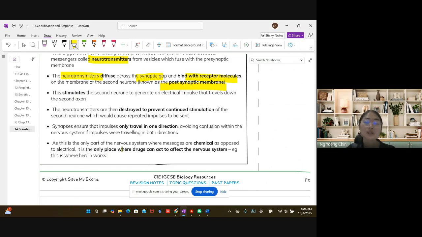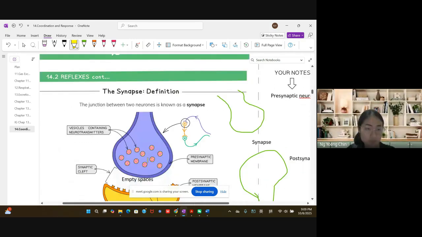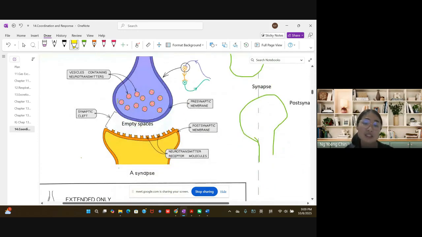Just imagine it this way. On the pre-synaptic neuron, you have this vesicle. This vesicle will fuse with the membrane and release all the neurotransmitter into the empty space.